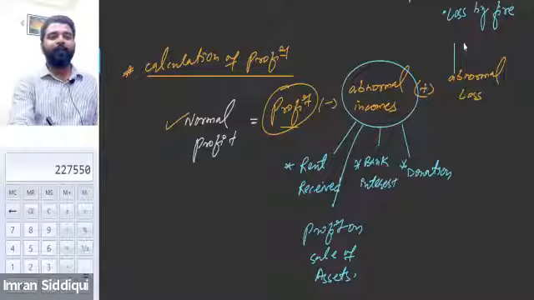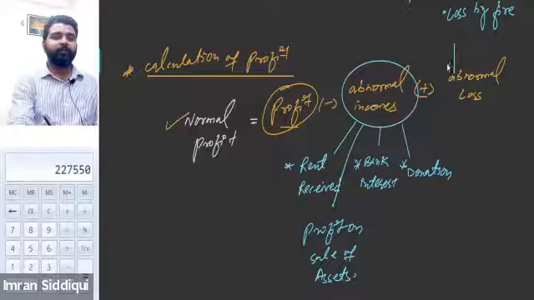Therefore, we are adding it back to the profit. Earlier, considering it as business loss, we have subtracted it, but now we realize that the loss by fire is not the regular expense of the business.